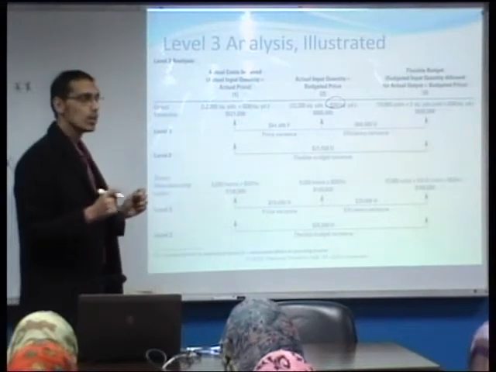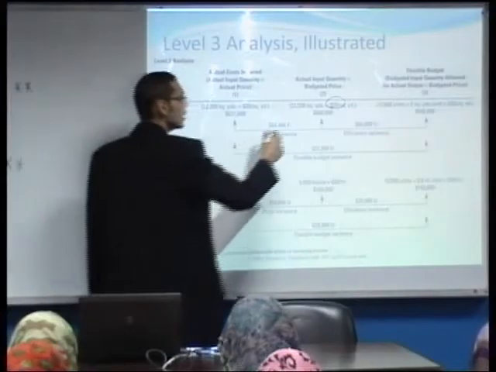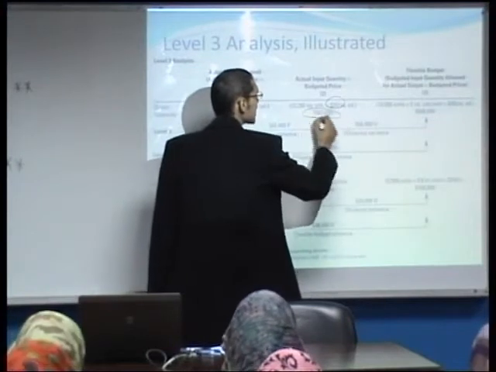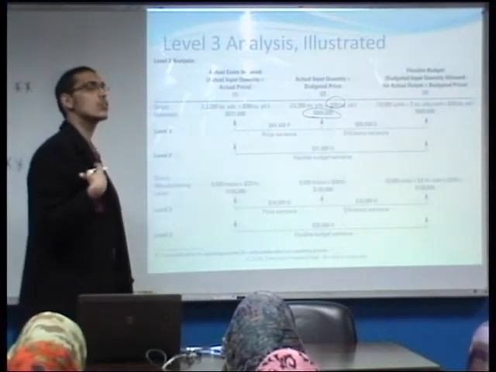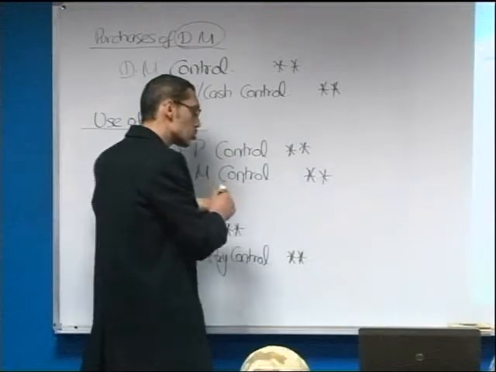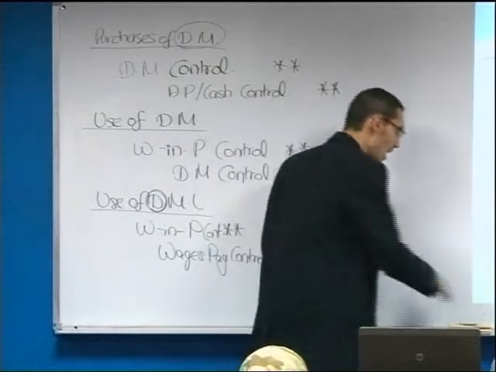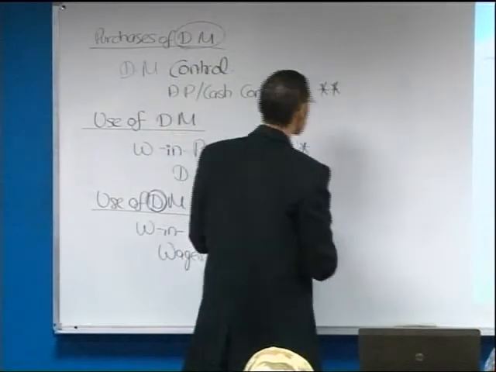When we purchase our direct materials, we are going to consider the $666,000 as our direct material costs. Therefore, the direct materials control would be debited by the amount of $666,000.